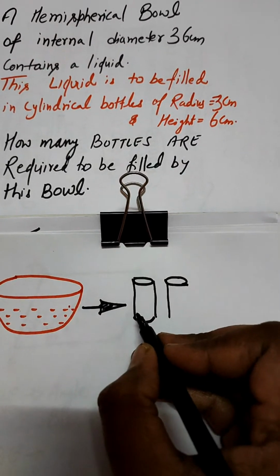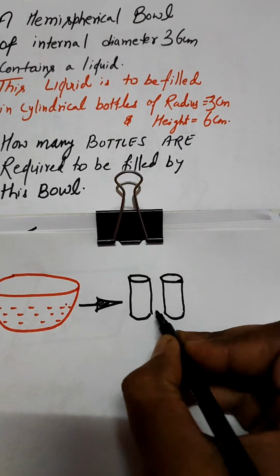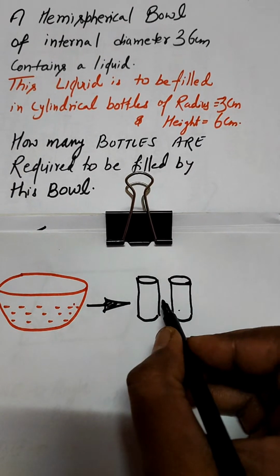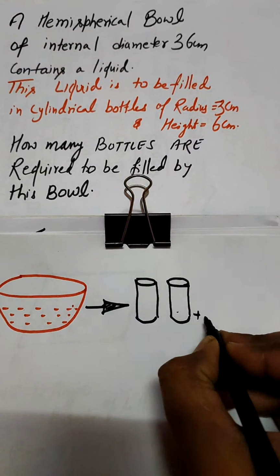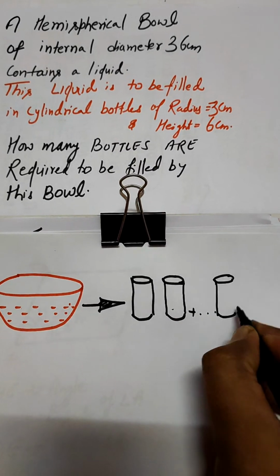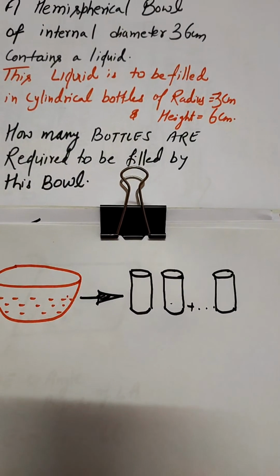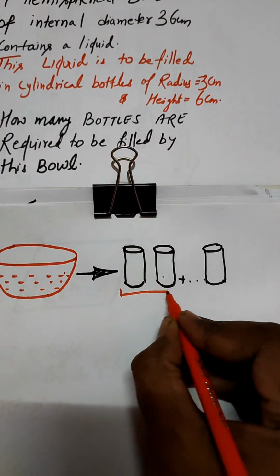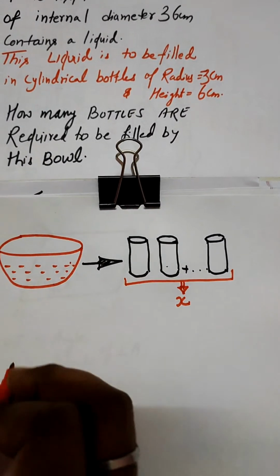So it may be required that we will be using n number of bottles or x number of bottles to empty the complete liquid of this bowl. So this we need to understand, and the number of such bottles needs to be calculated, right? So let the count of such cylindrical bottles be x.